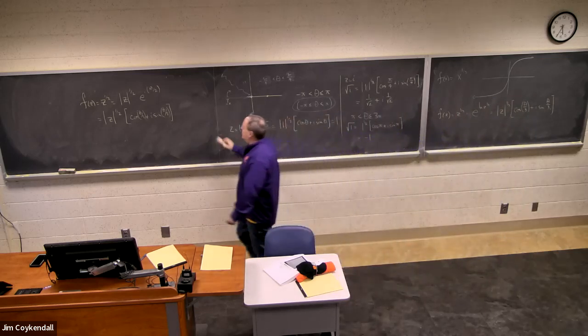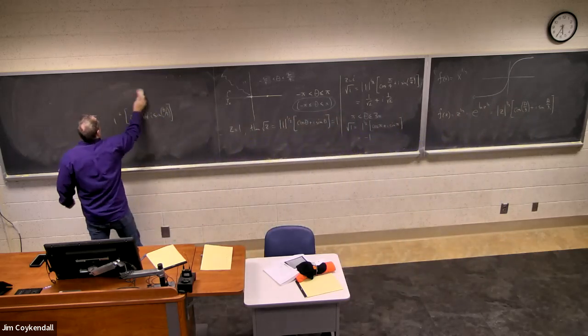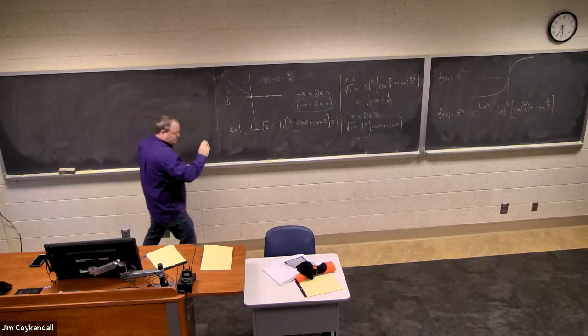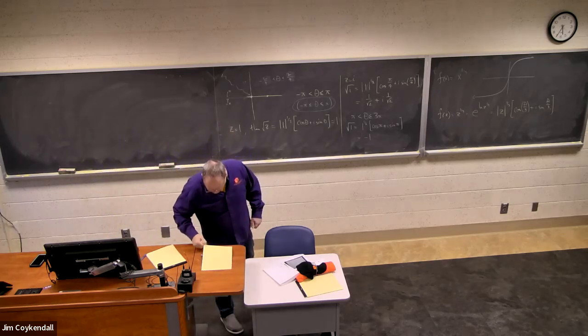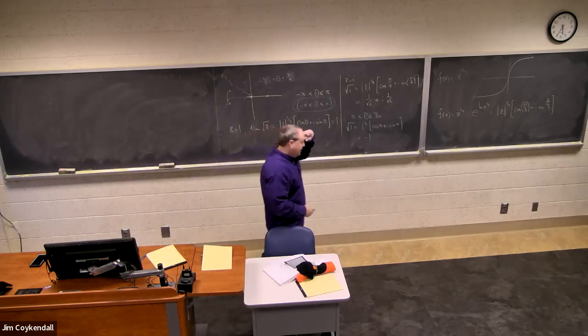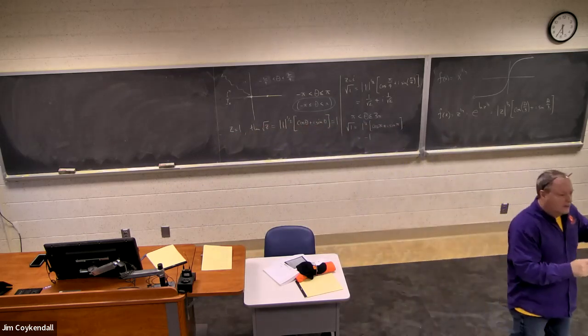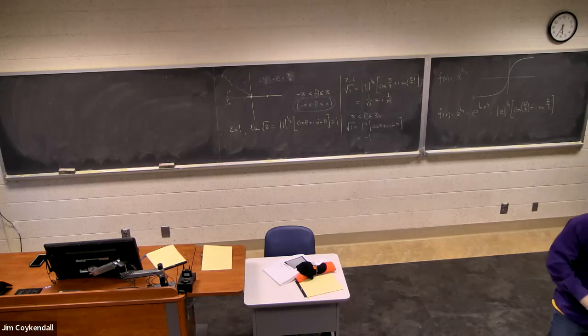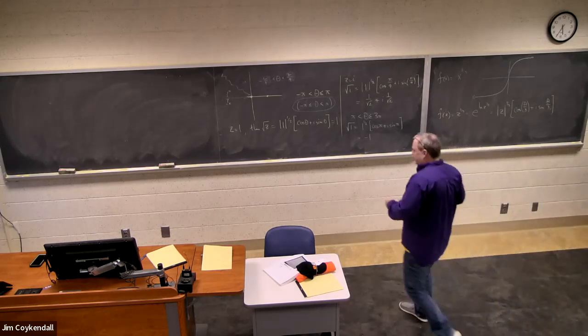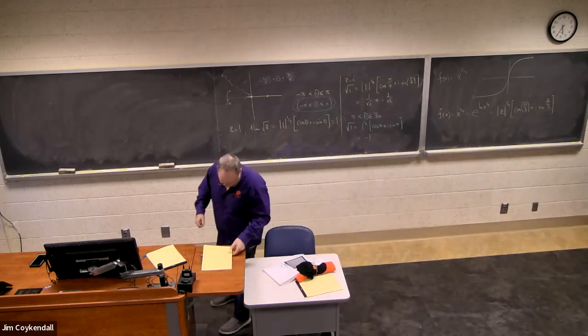Now let me give you a short application of this. How many of you have seen how to find nth roots of unity by putting a little regular n-gon inside a circle? Everybody seen it? Well, here's another way that's similar to this.